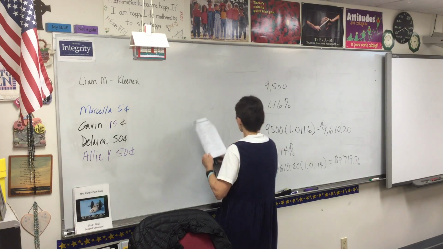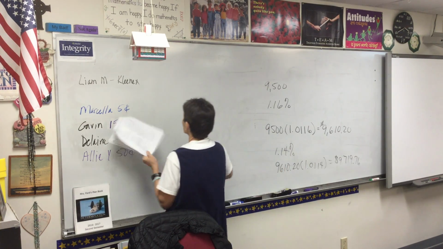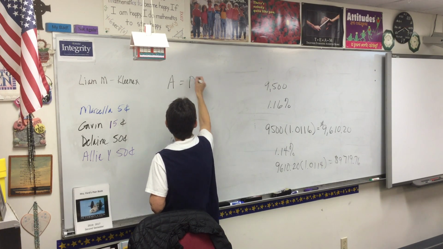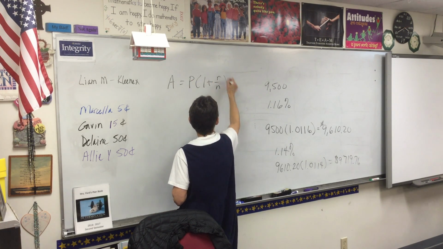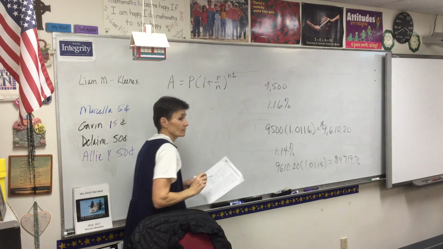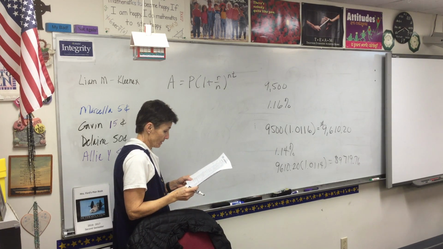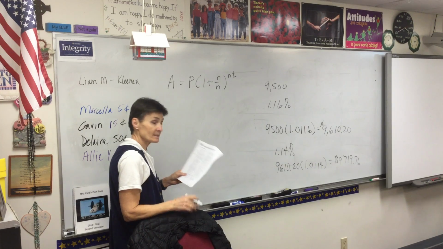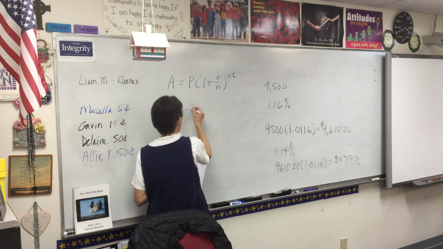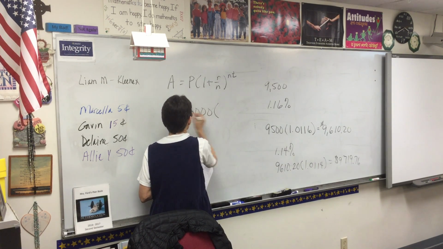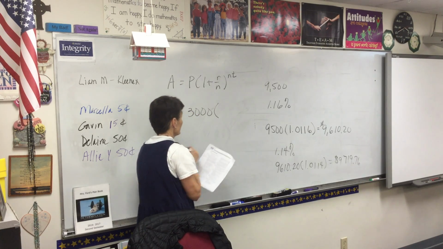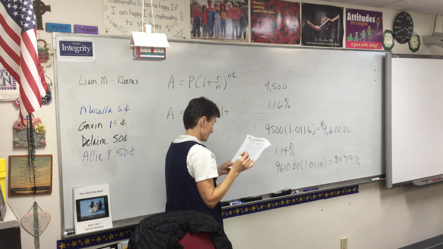So for problem number 6A, the formula we're using is your compound interest formula. We deposited $3,000, so that's P. The interest rate was what?